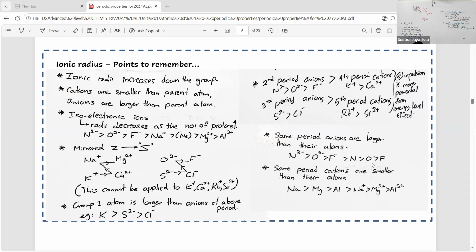But actually that hasn't happened. The sodium+ radius is considerably higher than the neon radius.